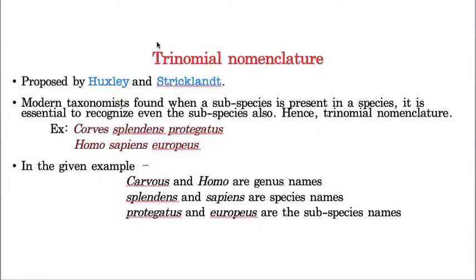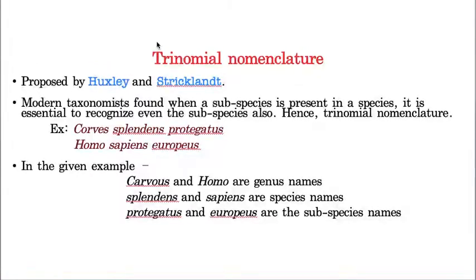Now, what is trinomial nomenclature? Giving three names to every individual. Let us go back to binomial nomenclature: it means giving two names to every individual, one genus name and one species name. Trinomial nomenclature means giving three names. Please understand, I am telling you a little slowly.